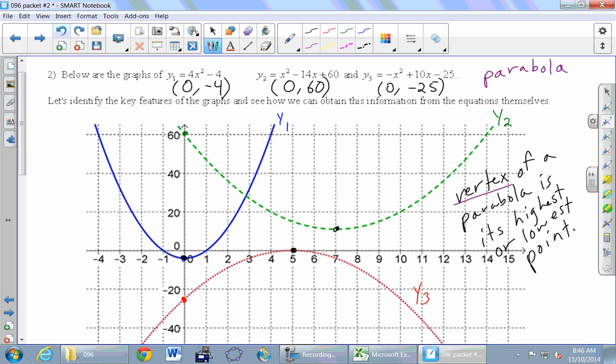No, it's not exactly about the Y-intercept. Yeah, it's the leading term, what we call it. So looking at this beginning term in each of them, two of them have a positive number in front of the x squared, right? Positive 4 and positive 1. But the last one has a negative 1 in front of the x squared. And that negative is the one that opens downwards. And we saw that y3 was the red one. And the other two open upwards.